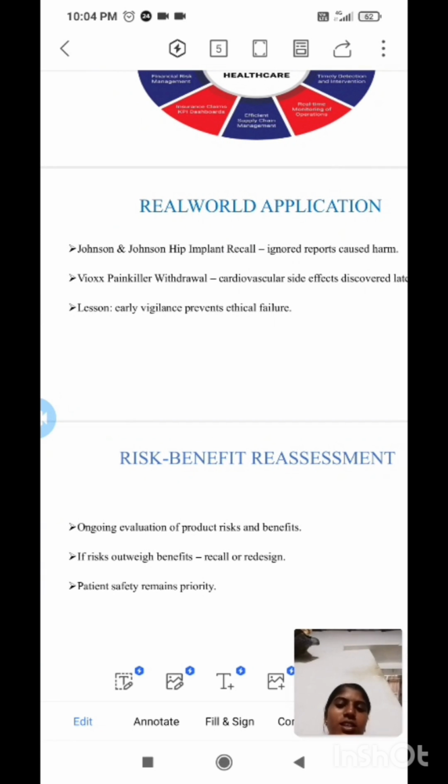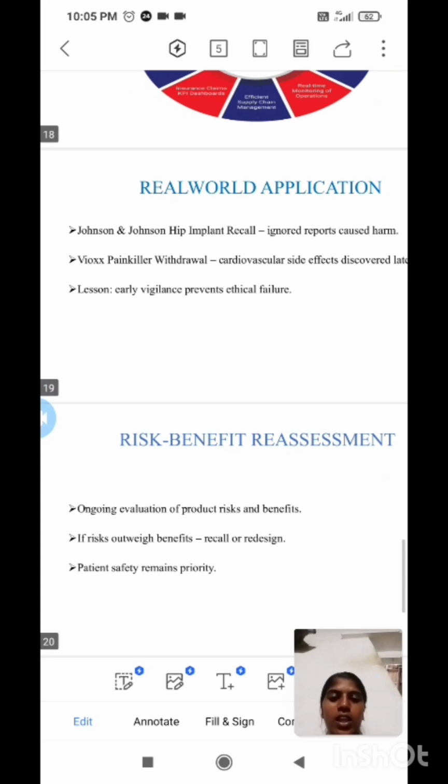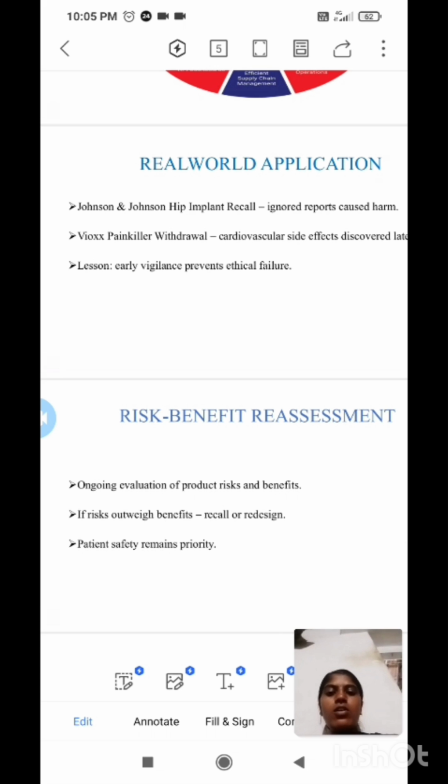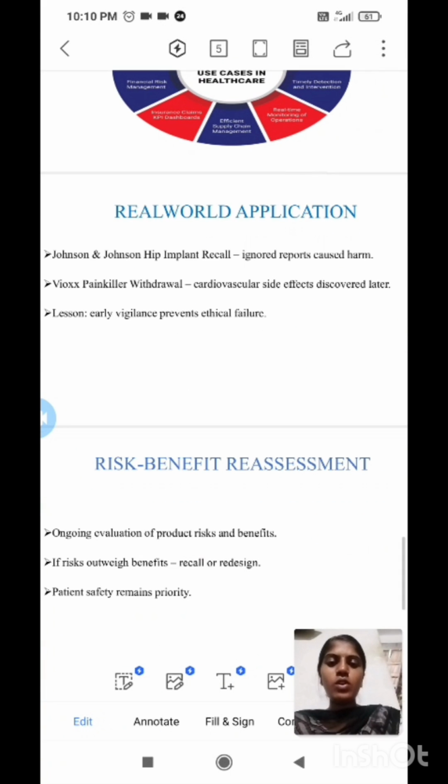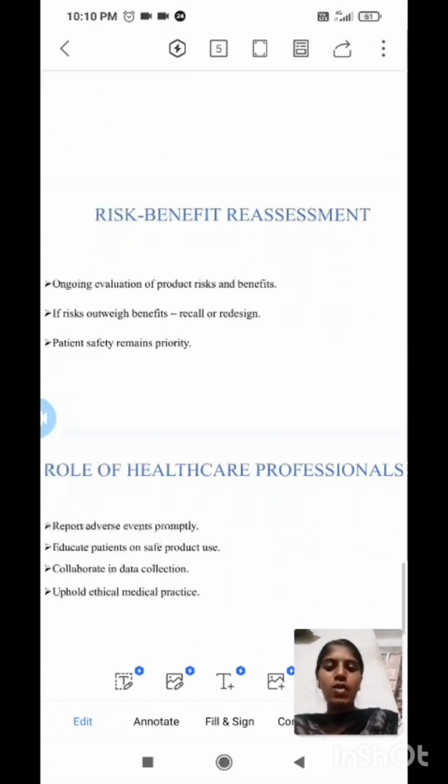Vicks is not just a spray, it also has one type of tablets. Lessons: early willingness to act prevents ethical failure. So this is what we are applying nowadays, these types of real-time applications we have.